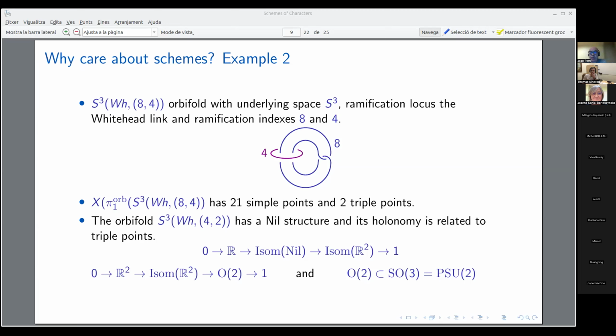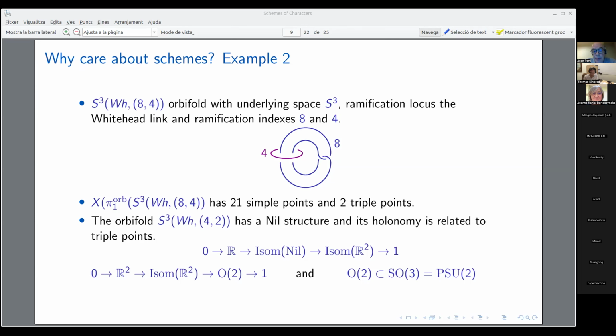I don't know if you are familiar with the geometry, but there are also exact sequences like for the isometries of Euclidean space. An exact sequence is like this. You go from the isometries of Nil to the isometries of R2. That's what Thurston called a fiber geometry, and the kernel is R. And still, the isometry group of R2 itself has an exact sequence.